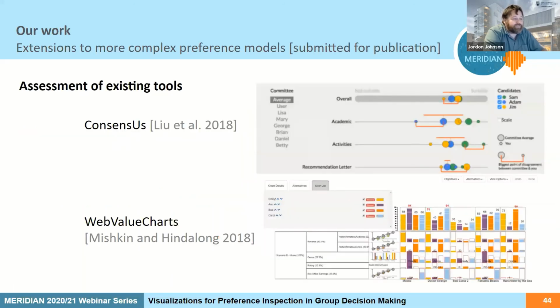We performed an assessment of existing tools, and I won't go into a deep one because I don't really have the time, but for example, Consensus basically treats everything in terms of subjective attributes, and Web Value Charts treats everything in terms of objective attributes.